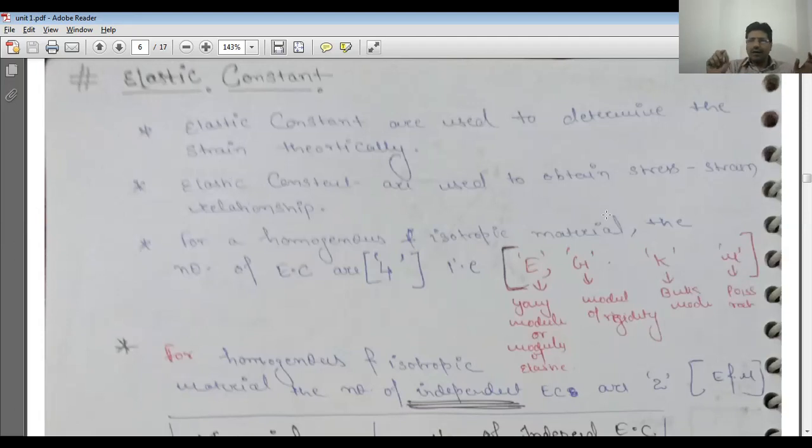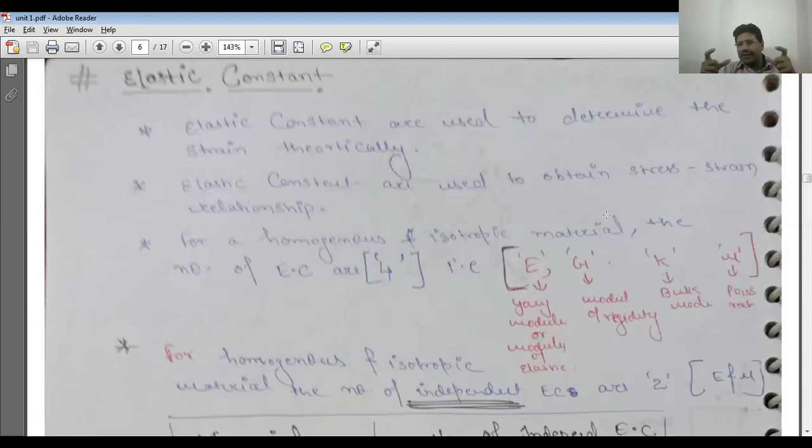The ratio delta L by L, the change in length to the original length, is known as strain, whereas stress is the force applied per unit area, P by A. So epsilon equals delta L by L in case of linear expansion.